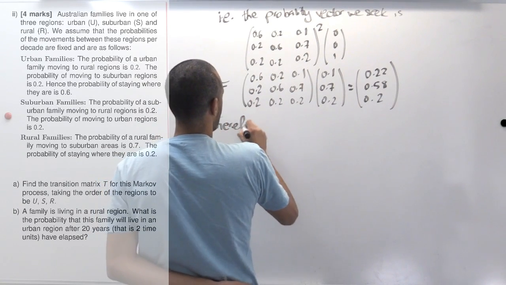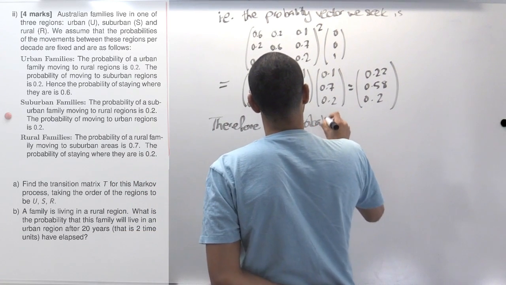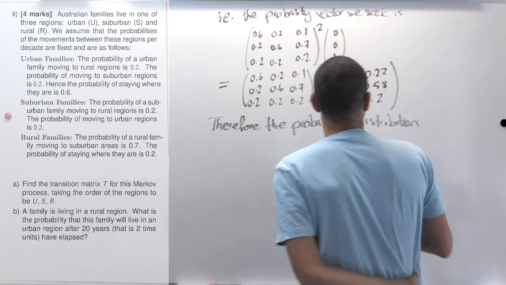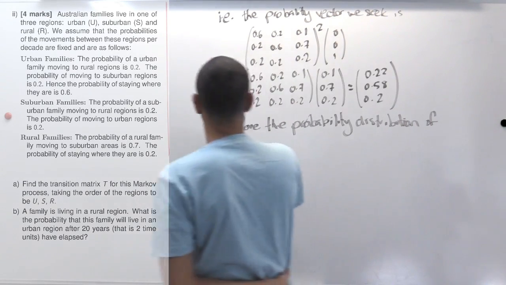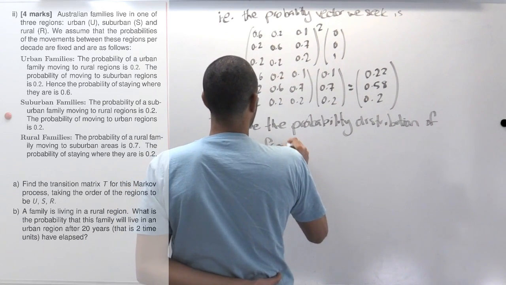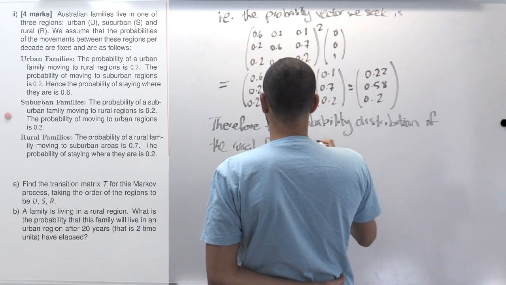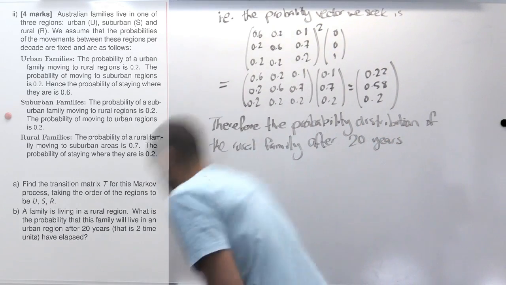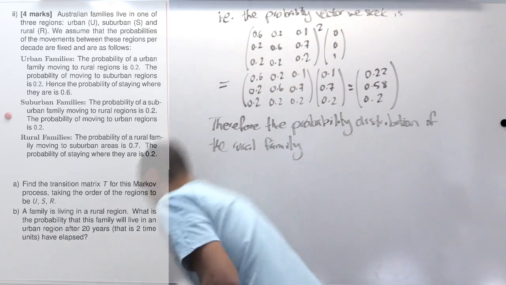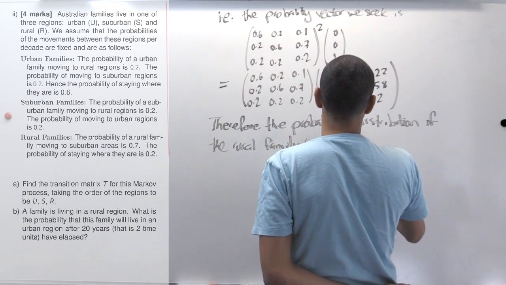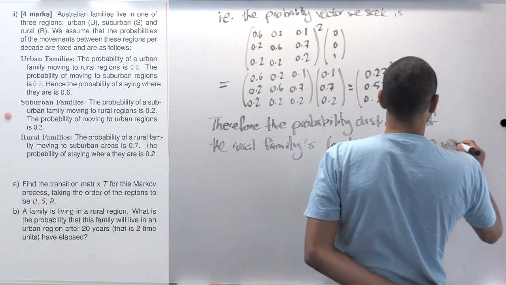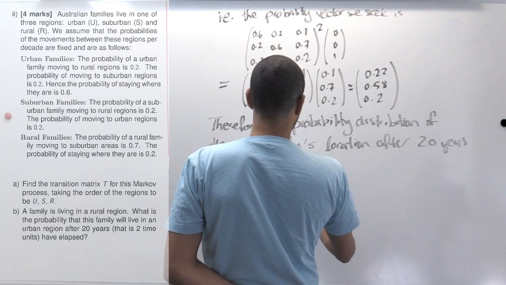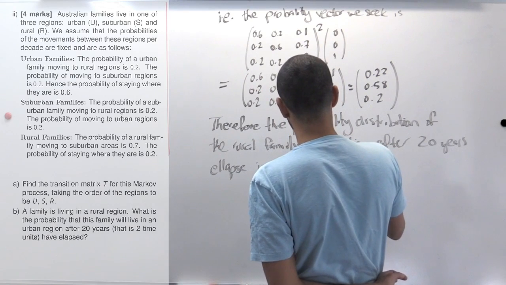Therefore, the probability distribution of the rural family's location after 20 years elapse is 0.22, 0.58, 0.2, where this is urban, this is suburban, this is rural.